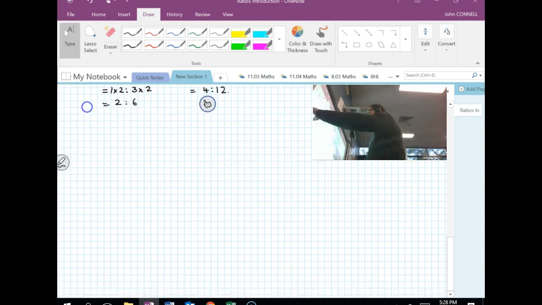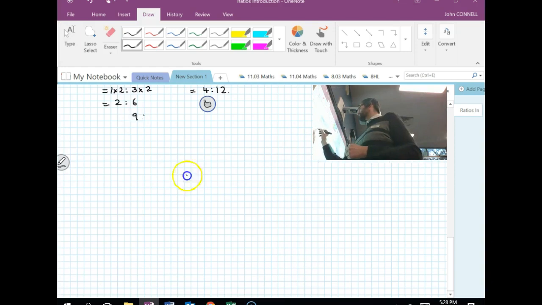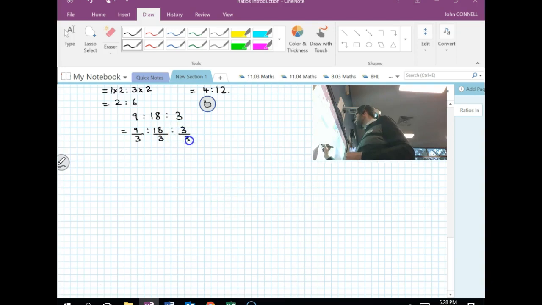Now, I can also divide by the same number. So if I had the ratio 9:18:3, then I could divide all of those by the common factor of 3. So I get 3:6:1. And very importantly, this is what we call simplest form.